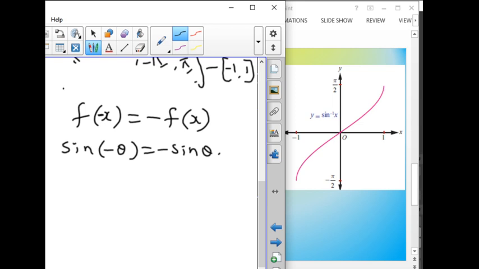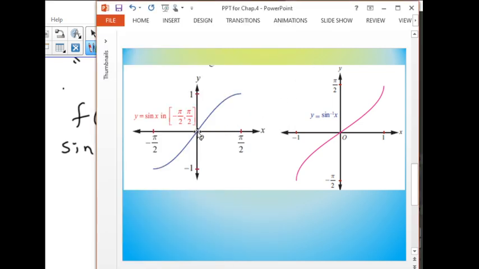What is meant by symmetrical? A line of symmetry divides the curve into two equal halves. Okay, if you draw the curve and see the line, here it is the origin. Okay, y equal to x. If you draw the straight line, it divides the curve into two equal halves. Okay, so remember this.